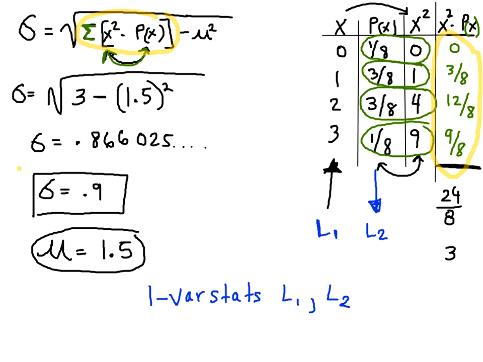And you've done this before in chapters 2 and 3. Your random variable goes in for one list and your probability goes into a different list, and you just do a 1 var stats. It's going to give you your mean and your standard deviation. All right, so I'm going to show you on the calculator how we get that.